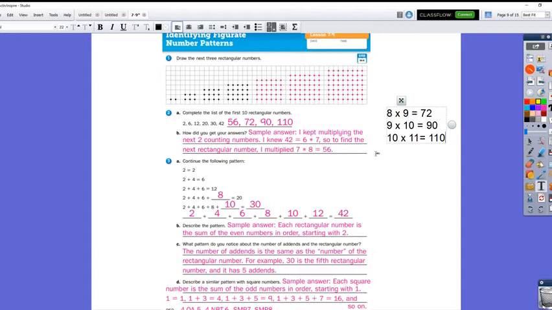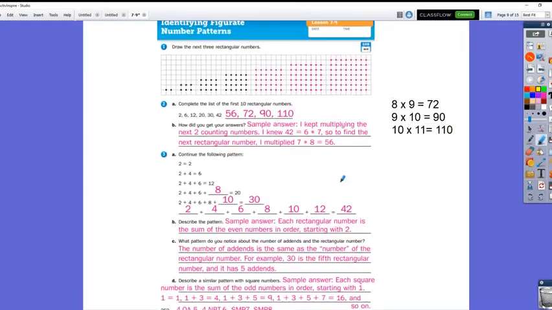All right, 3A, continue the following pattern. The first of the rectangular numbers is 2. So the first one has 1 add-in. Add-in is what you're adding. So 2 added to nothing, but anyway, 2 equals 2. Then there's the second rectangular number, which is 6, and it has 2 add-ins.